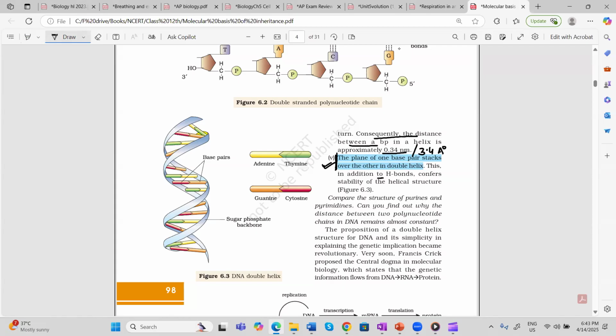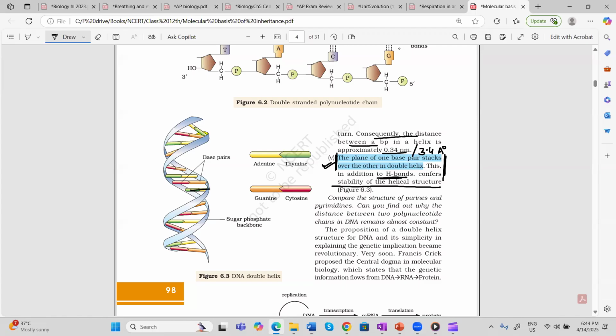Second, hydrogen bond, in addition to hydrogen bond, is giving stability, and the plane of one base pair stacking over another is also giving stability to the helical structure. So if they ask you the question, the helix structure of DNA is stabilized by, first point, hydrogen bond between the two base pairs. Second, the plane of one base pair stacks over another. One base pair is stacking over another.